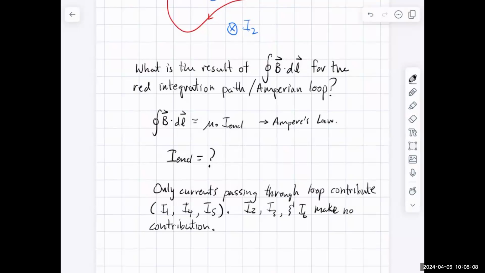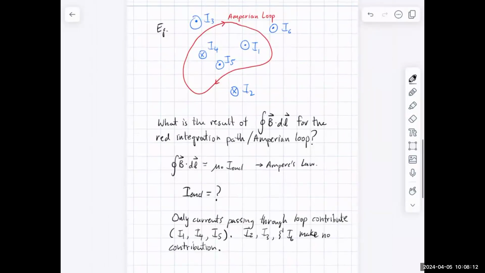Okay, so the only other thing we have to worry about is, we've got 3 currents that pass through this loop, and they're going to make up I enclosed. But 2 of them are pointing out of the screen, and 1 of them is pointing into the screen. And so how do I figure out which one makes a positive contribution and which one makes a negative contribution?